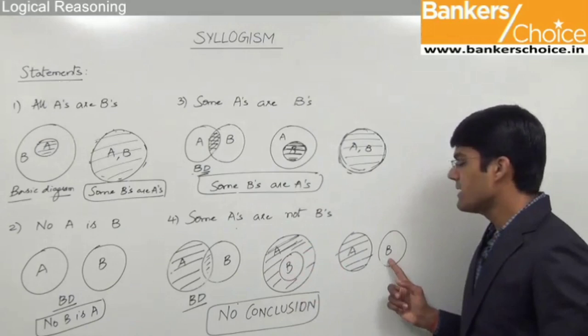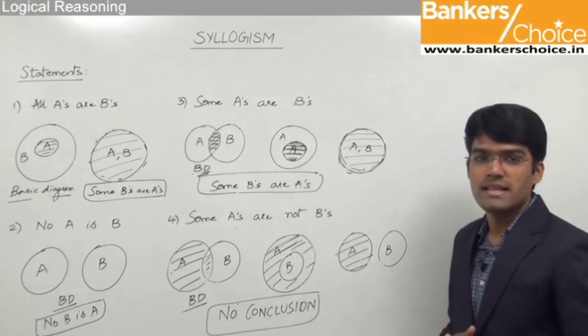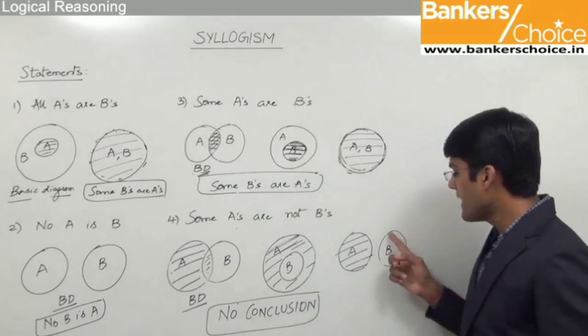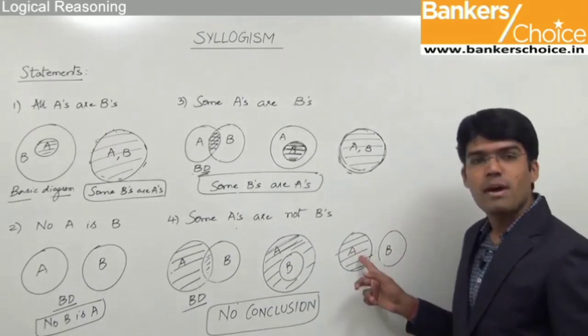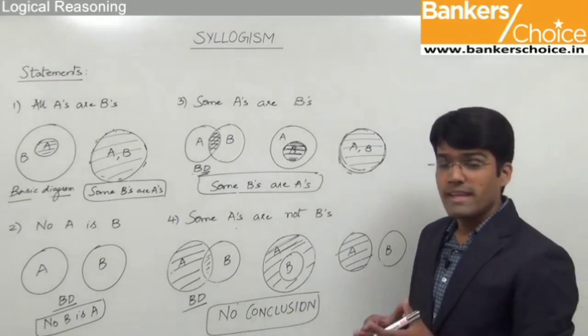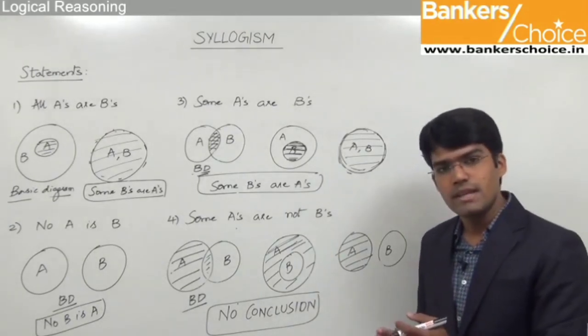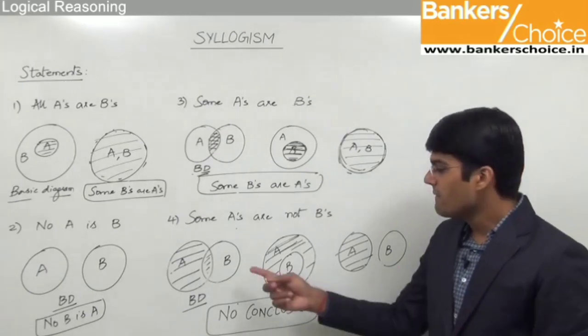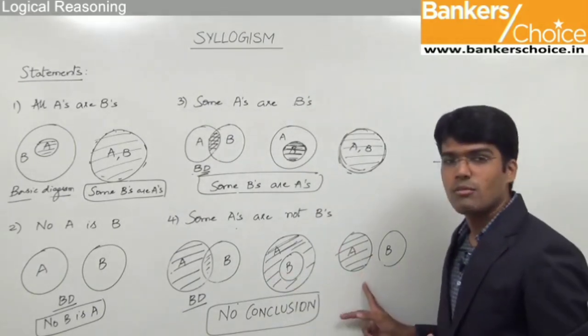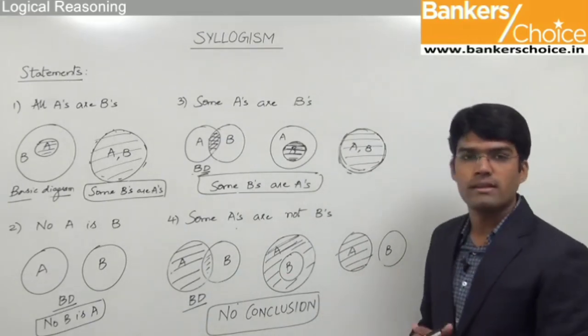But again, when it comes to the third diagram, the conclusion fails, because our conclusion is some B's are A's, and we find here that no B is a part of A. So conclusion again fails for the third diagram. So very clearly, as you can see here, the conclusions some A's are B's and some B's are A's fail for the third diagram. So it cannot be taken as definitely true, as a conclusion should satisfy all the diagrams.